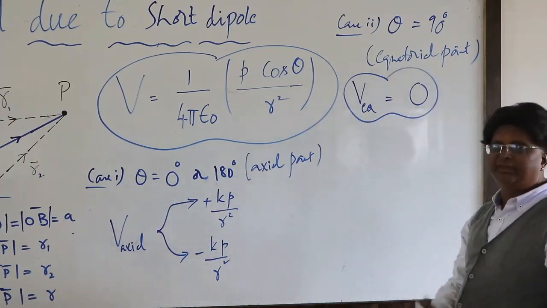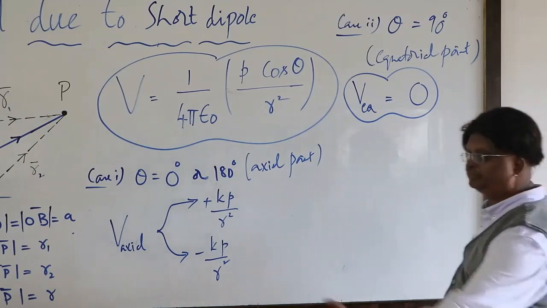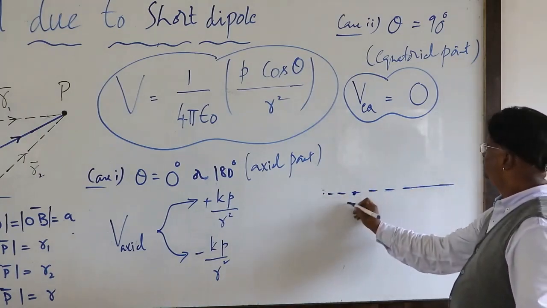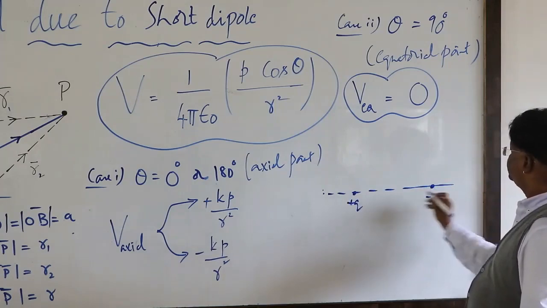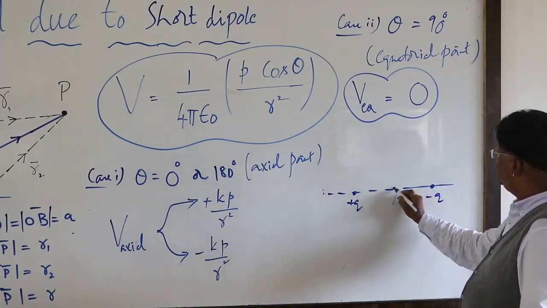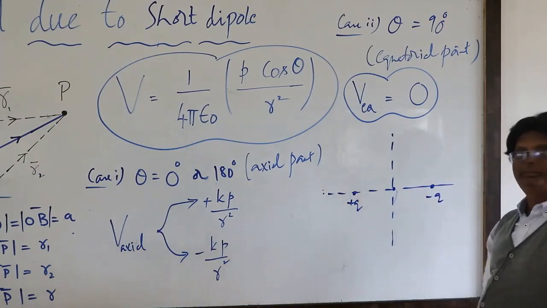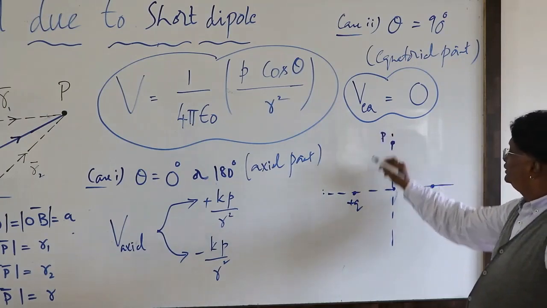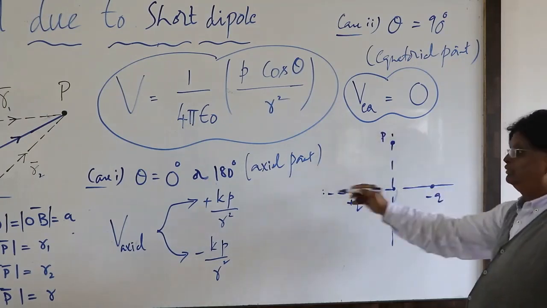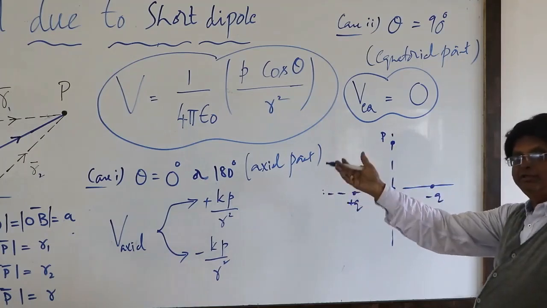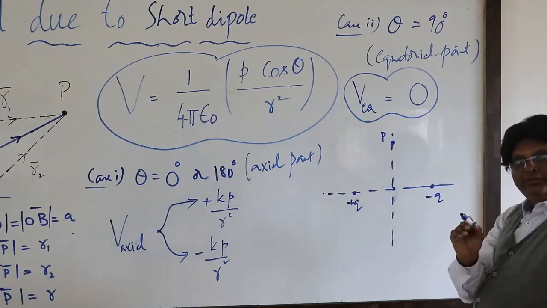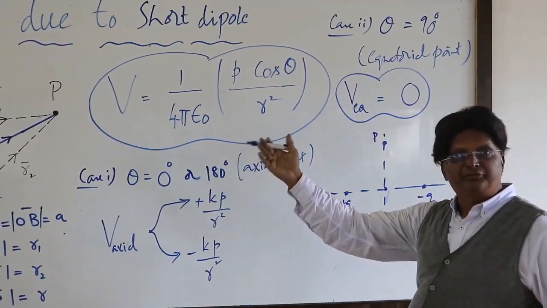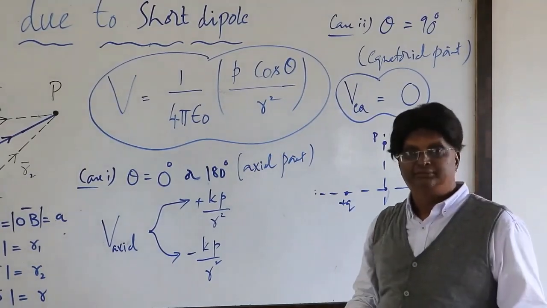Why is it? Because it's a natural consequence. What is that natural consequence? Here I show you. Suppose this is the axial line, plus q and minus q, and this is the equatorial line, perpendicular to the axial line passing through the center. Now consider any point over here. Earlier we considered an axial point or any other point other than equatorial, which is not equidistant from both the charges. The distances from plus q and minus q are different.